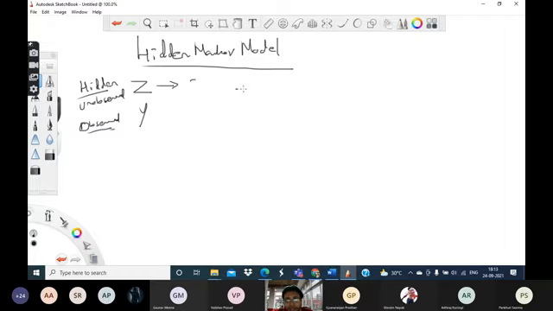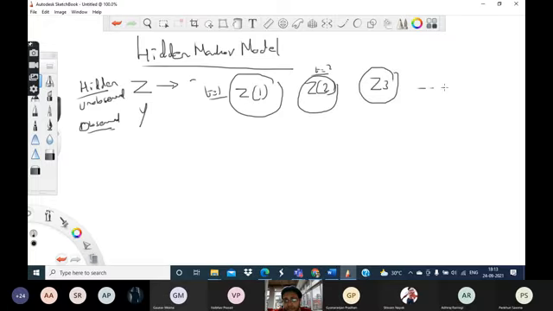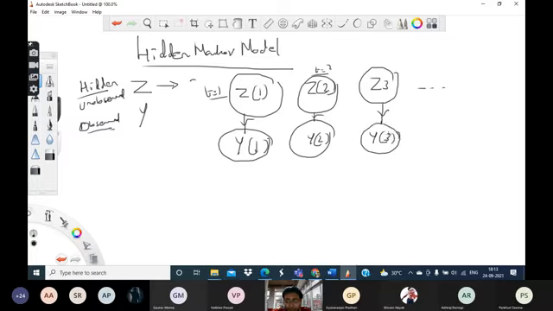That is to say, at time t equal to 1 there is Z1, at time t equal to 2 there is Z2, then Z3 and so on. And then there are the observations Y1, Y2, etc. Now the claim is that the observations depend on the hidden or unobserved attributes, but the dynamics is at the level of the unobserved variables.